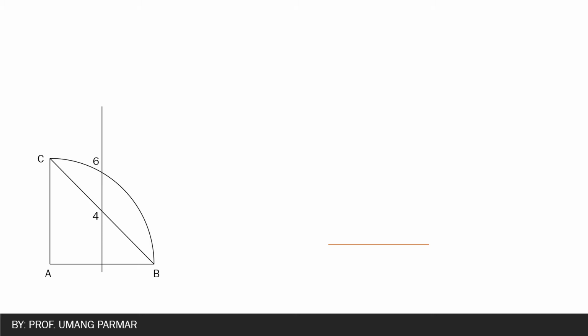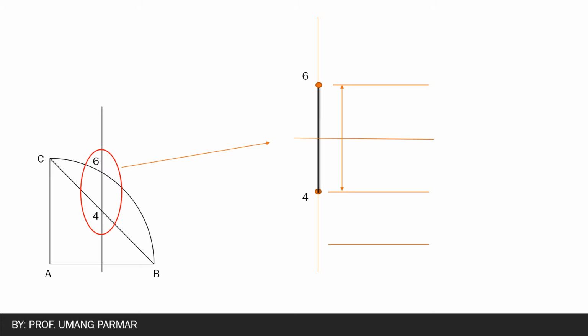Once you have this figure, now we are zooming in, that is 6 to 4, and I'm explaining what we are going to do for the next step. We have this 6 to 4 line, which has a certain dimension, and we are dividing it into two equal parts. See, this is our x dimension.